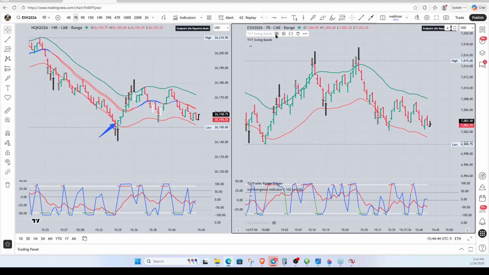So are these filtered? Those are not filtered. So this one just got filtered a minute ago. That one right there got filtered.